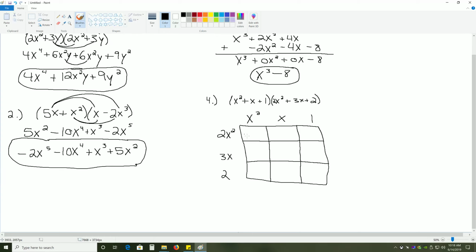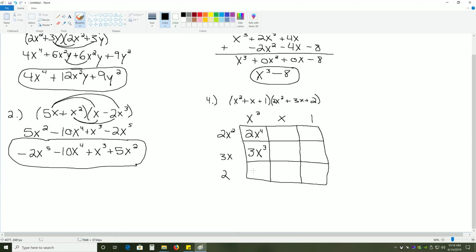In each of these boxes, we are going to multiply the respective terms. Meaning, in this top left box, we have 2x squared times x squared. That gives us 2x to the 4th. In this box, we have 3x times x squared. That gives us 3x cubed.